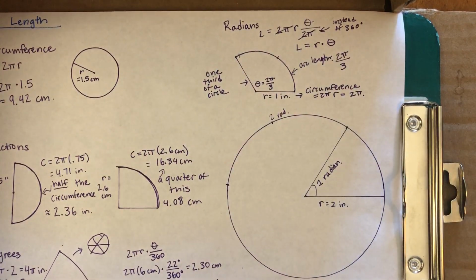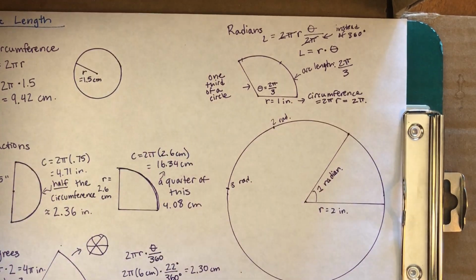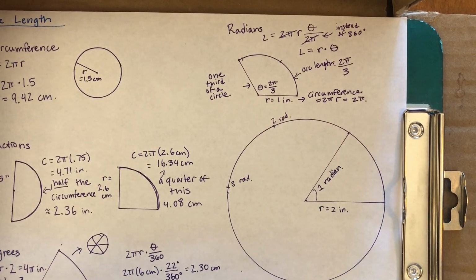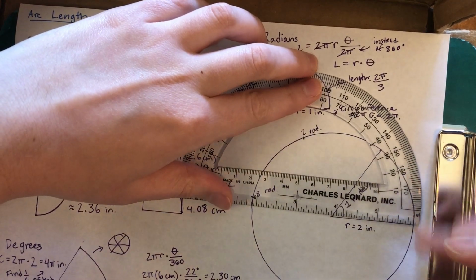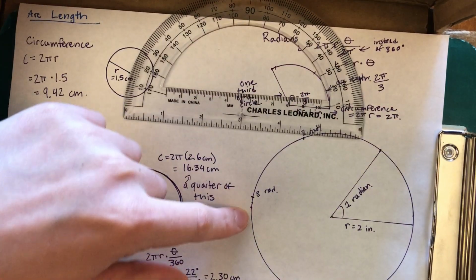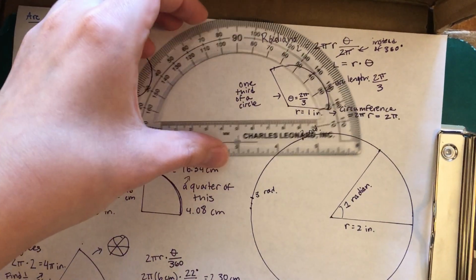Here's 3 radians around the circle. So the angle here is 3 radians. Pi radians is a little bit more than 3, it's 3.14. So halfway around the circle should be just a little bit past this, which it is. So right about here. Here would be pi, 3 is a little bit less than pi. Okay?